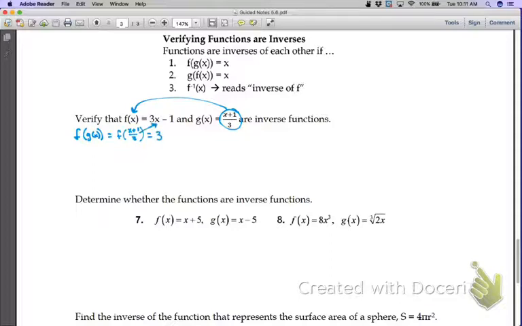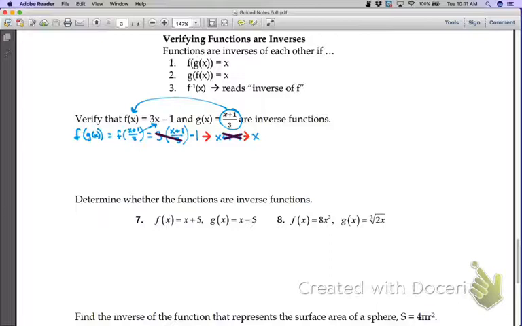So I'm going to have 3 times (x plus 1) all over 3, minus 1. Whenever I solve this, what's going to happen to my 3's? They're going to cancel. So then I'm just going to be left with x plus 1 minus 1. What's going to happen to the positive 1 and the negative 1? They cancel. So what am I left with? X. That's good.